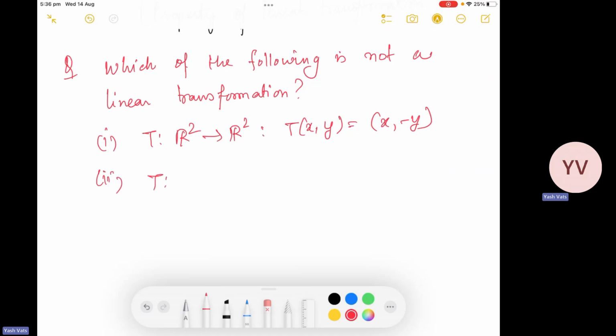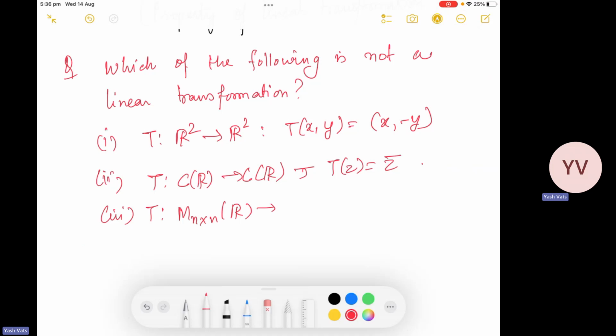Next, T from C over R, the set of complex numbers over R, to complex numbers over R, T(z) is z bar, the complex conjugate. Then T from Mn cross Mn, n by n matrices over R, to R, T of a matrix is the determinant of the matrix.